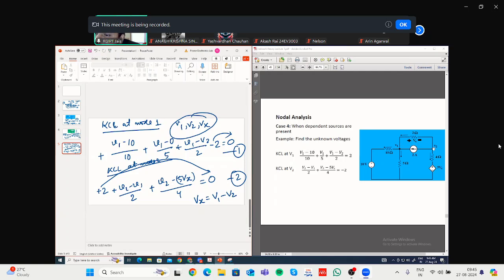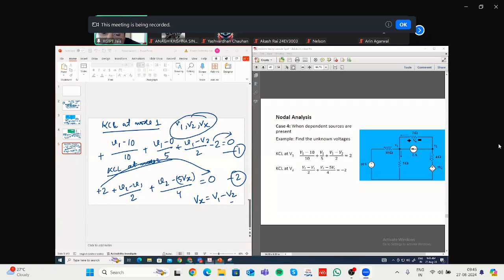If V1 is greater than V2, then only Vx will be like this. If V2 is greater than V1, then the plus sign will be on the other side and the minus sign on this side. So based on these polarities, the positive and negative signs given in the problem, we can say that V1 will be greater than V2, and V1 minus V2 will be equal to Vx.